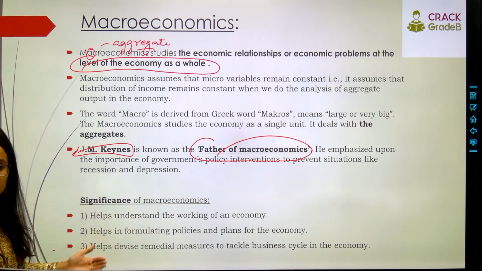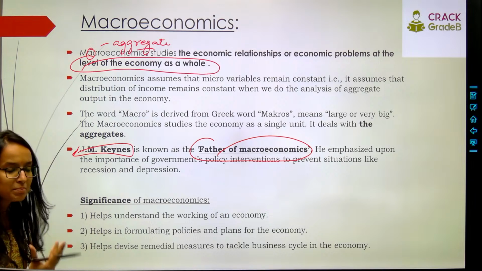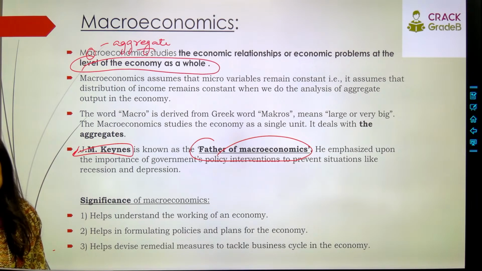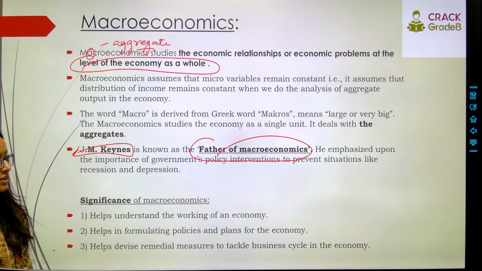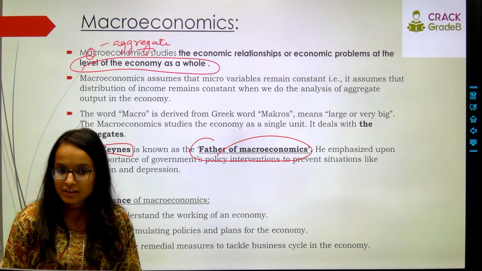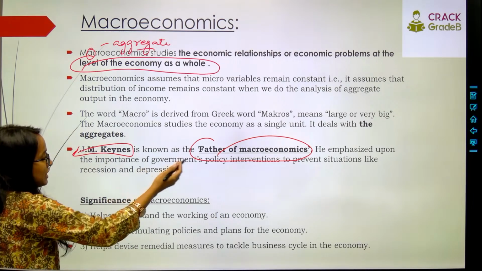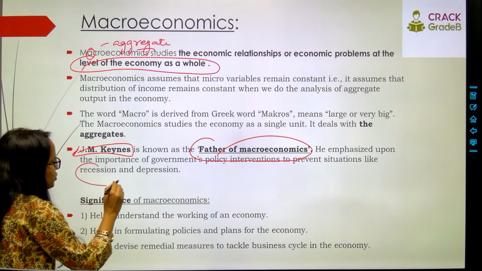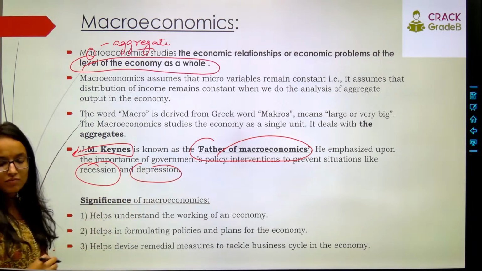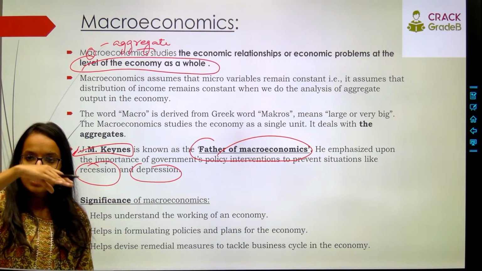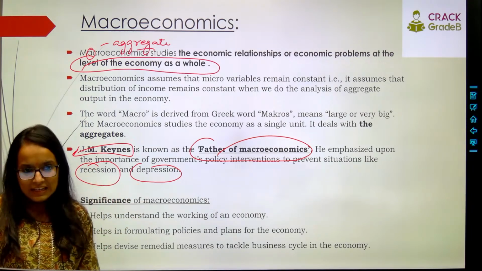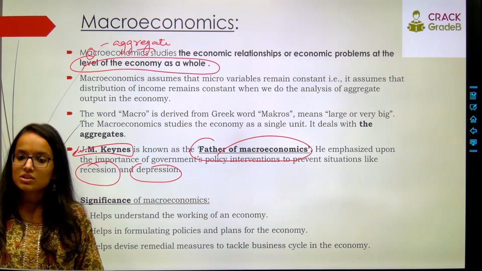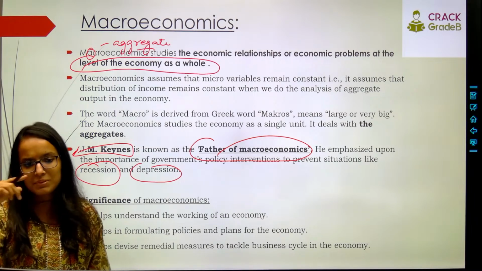Okay, and then macroeconomics or modern macroeconomics as a subject gained importance, and Keynes' idea of government intervention became famous, right? So he emphasized that we need government intervention to come out of situations like recession and depression. What is recession? When economy sees lower growth rates, and a prolonged recession, later on, continuous recession turns into a depression. We'll discuss it in the business cycle as well.